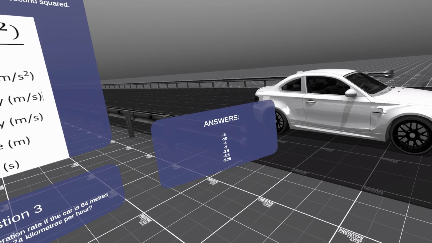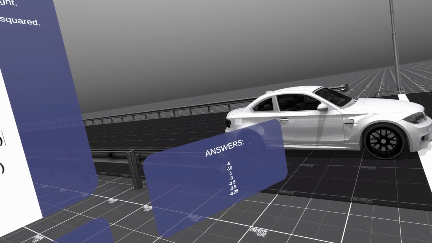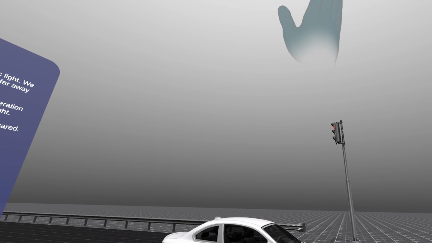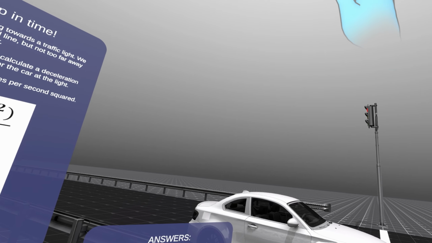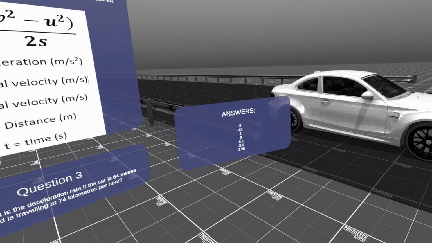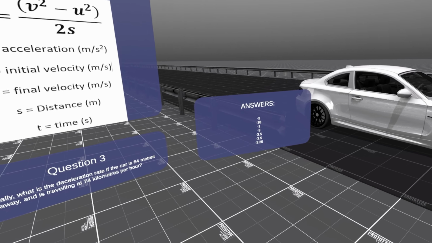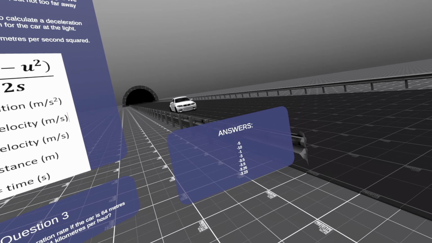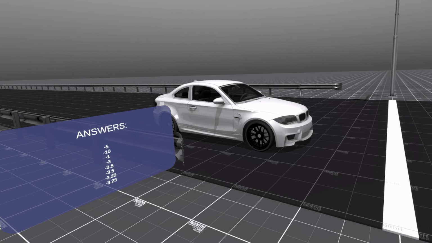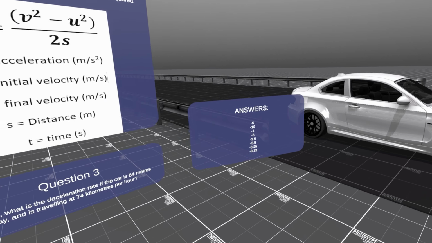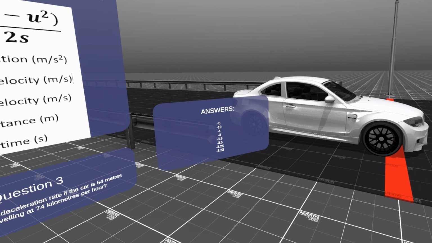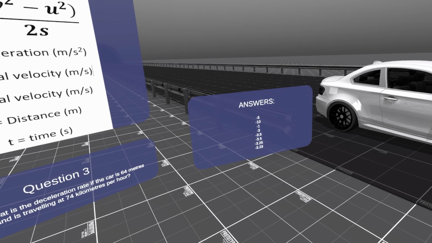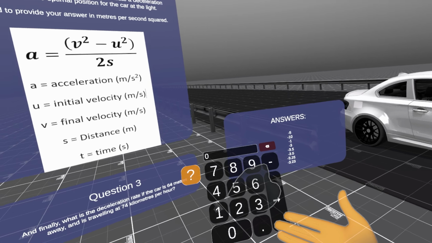So let's hop it back a little bit, so -3.23. That's not completely right. Oh, right, because I went forward. Okay, negative 3.3. I think negative 3.3.